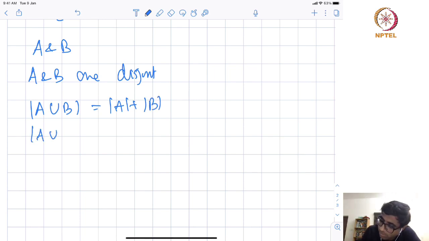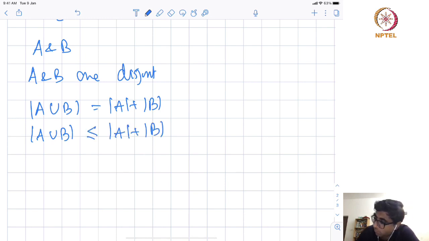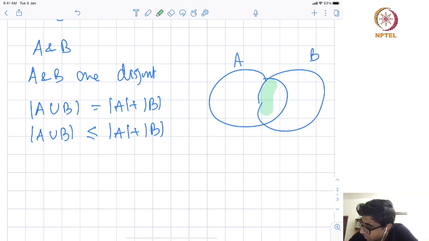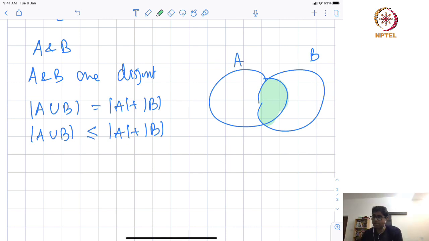Then all we can say is that the cardinality of A union B is at most the cardinality of A plus the cardinality of B, because the intersection objects are counted twice, both in A and in B.